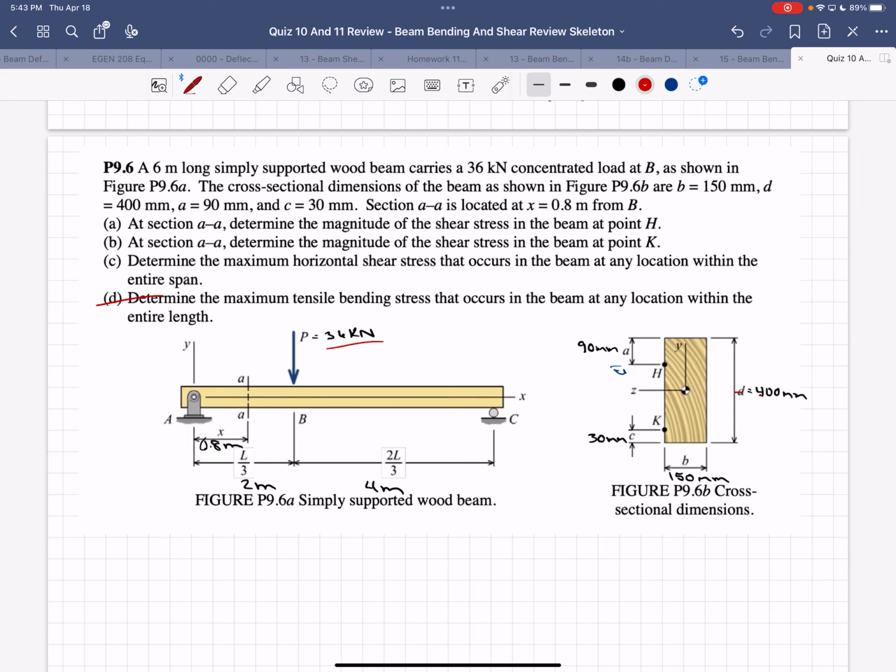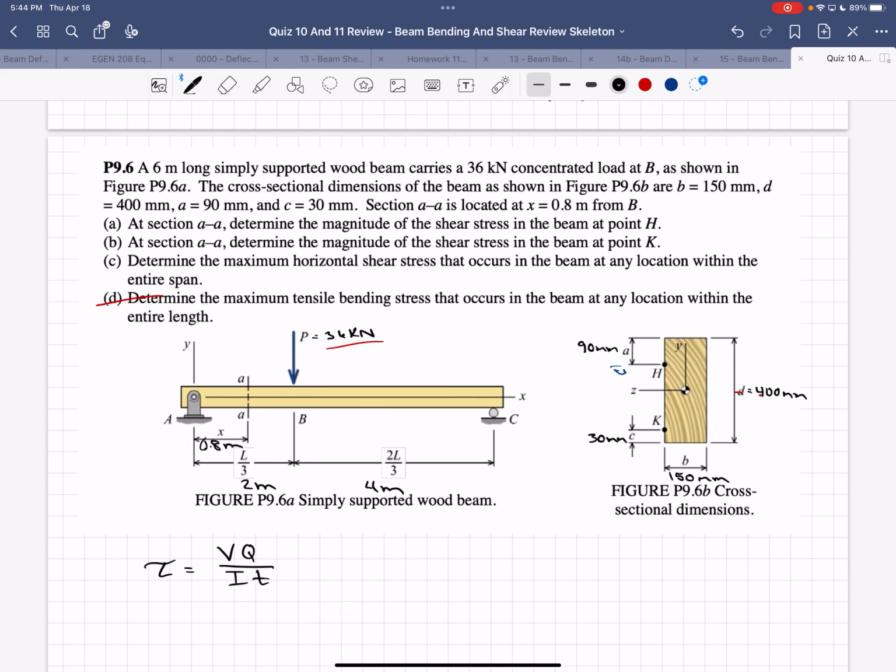Section AA is 0.8 meters from beam B. We're supposed to determine the magnitude of the shear stress in the beam at point H. So what equation is that? Is it little q or is it tau? Tau. Shear stress is tau equals V times Q over I times T.